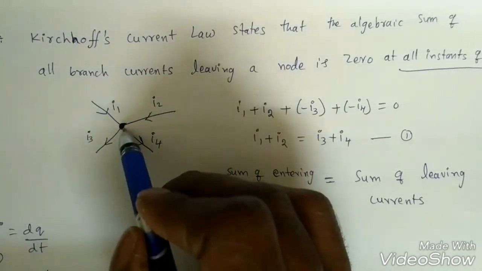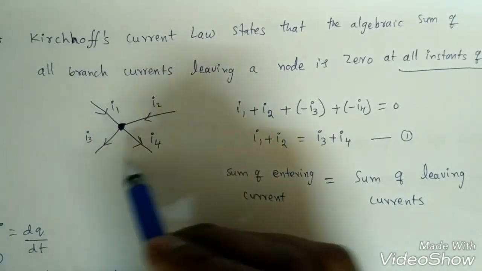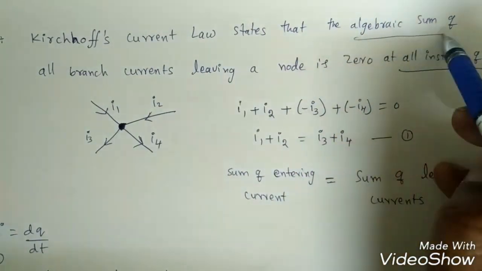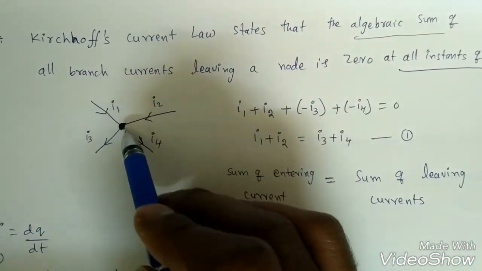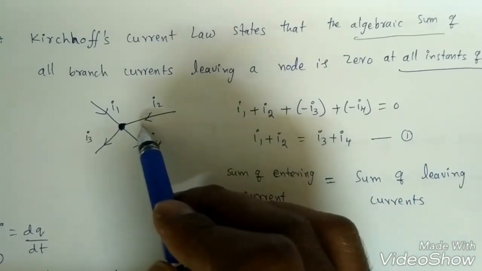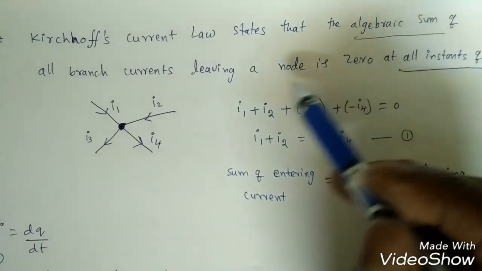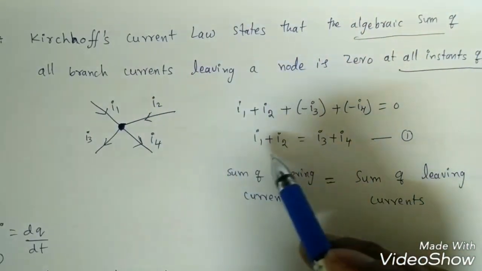Now if I apply KCL here, right? The algebraic sum, what is the meaning of algebraic? Suppose the current direction is changed or any manipulation is happening, that will be added also. That's why it's the algebraic sum. If the direction is changing, we will get negative.